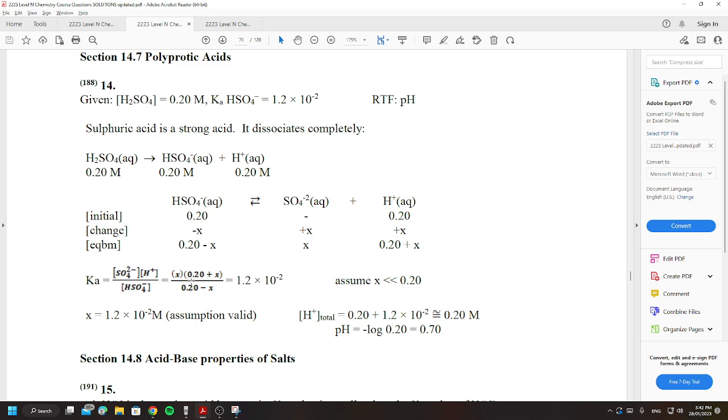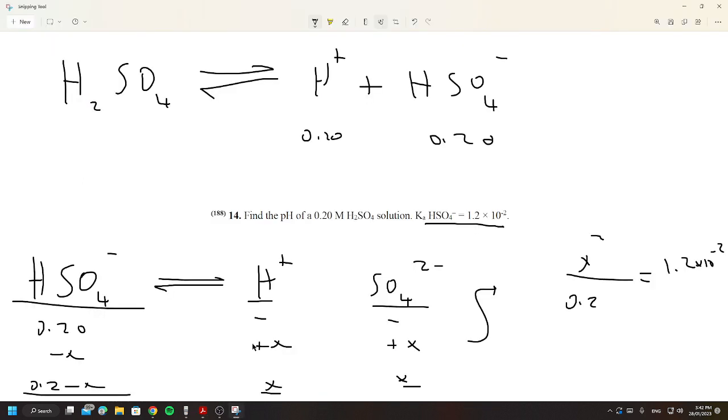Oh, okay. I didn't acknowledge the fact that we did actually have the concentration of H plus. We got H plus to be 0.2.